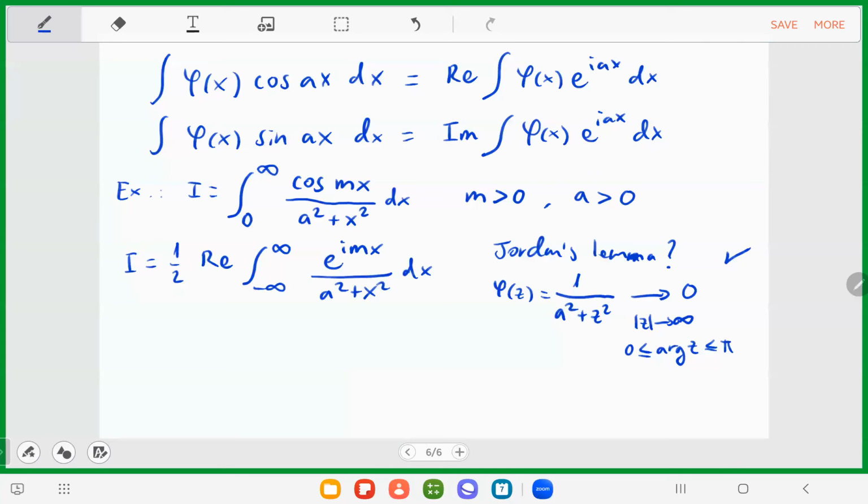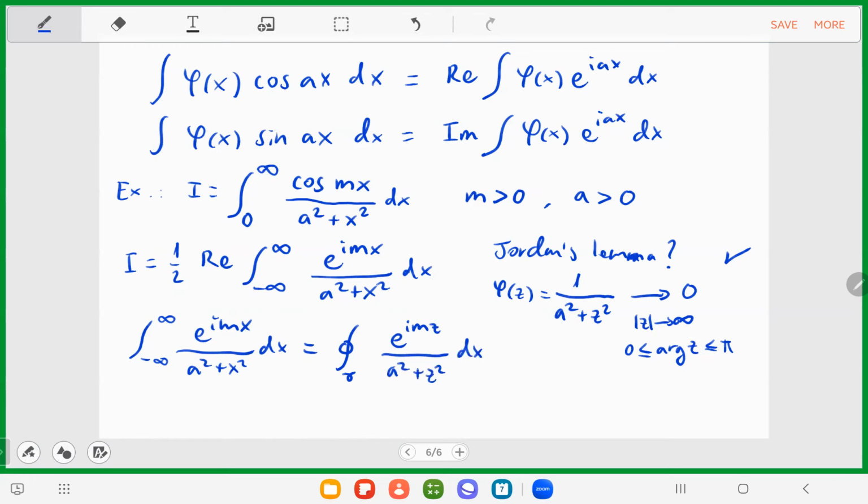If Jordan's lemma is true, then I can take the integral between minus infinity and infinity of exponential of imx divided by a squared plus x squared, and it is going to be the same as the contour integral along the total contour gamma, including the x-axis and the semicircle, when r goes to infinity, of the same function evaluated on the complex variable, right?